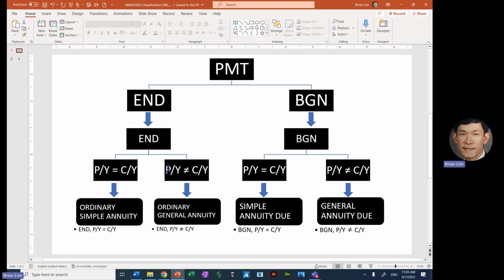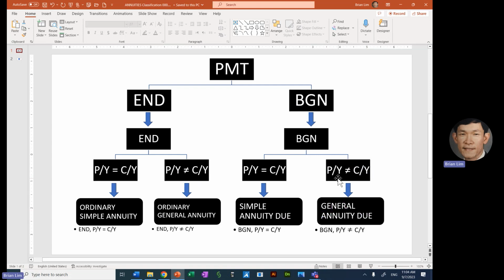So let's say the payment frequency is monthly and the compounding frequency is semi-annually, and those are not equal, but the payment is made at the end of the month, and we have an ordinary general annuity. Now, if the payment is made at the beginning of the month, and the payments are semi-annually and the compounding is semi-annually, then we have a simple annuity due. If the payment is made at the beginning of the month, but the compounding frequency is semi-annually, then PY and CY are not equal, so we have a general annuity due.